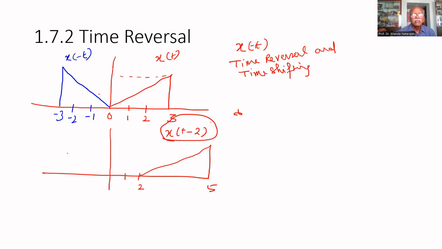On the other hand, what is x of minus t plus 2? What is x of time reversed? X of minus t plus 2. This can be written as x of minus of t minus 2.